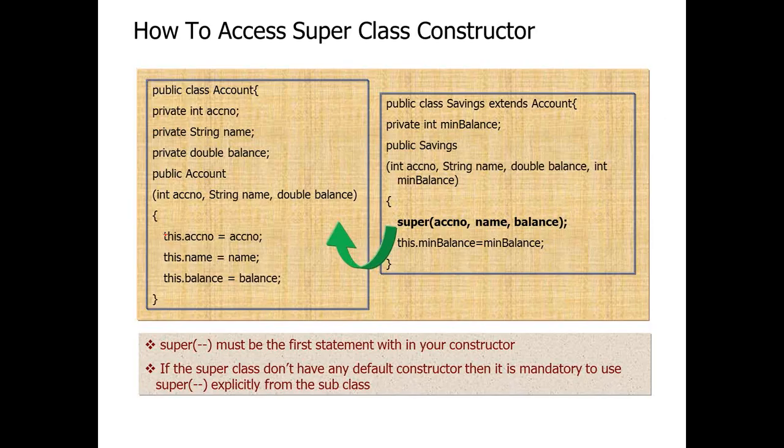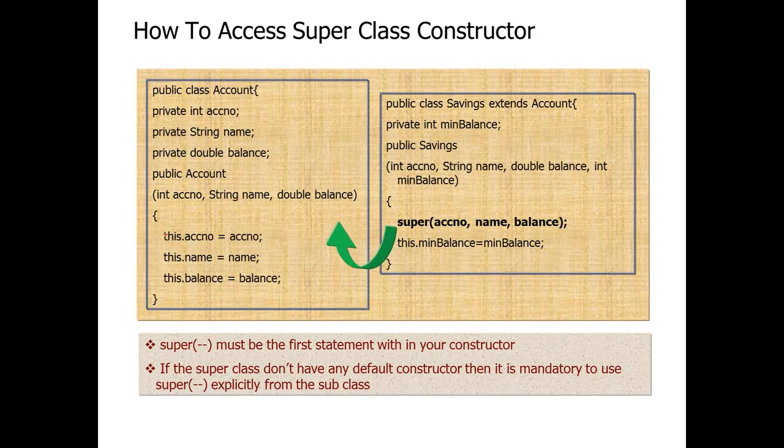Alright, and that's what I am doing in this example also. The public class Account has three fields: account number, name, and balance, and I have a constructor which takes these three things: account number, String name, and double balance.